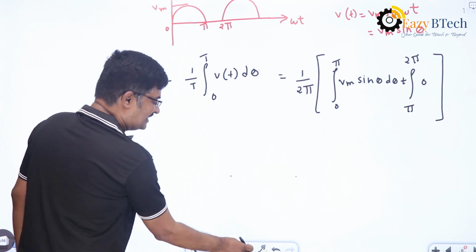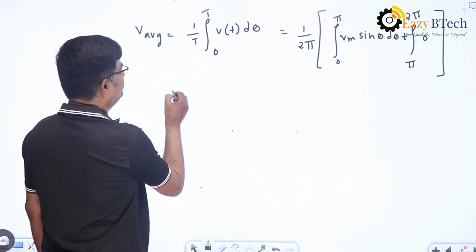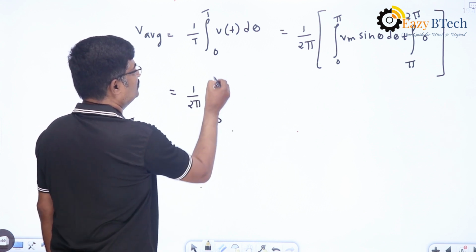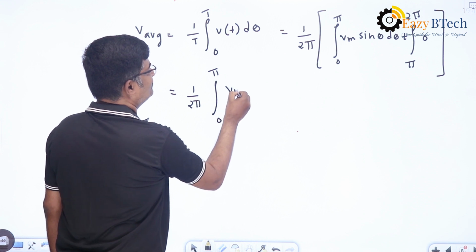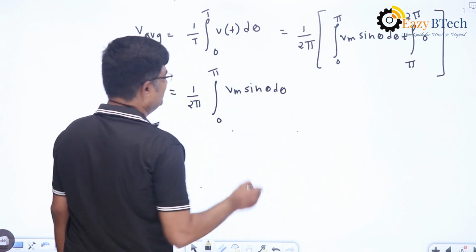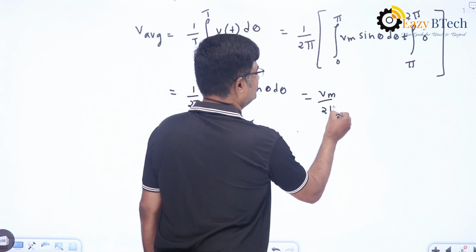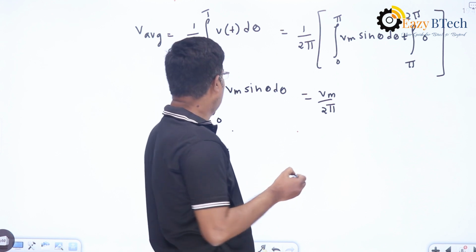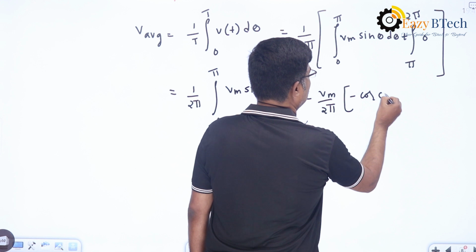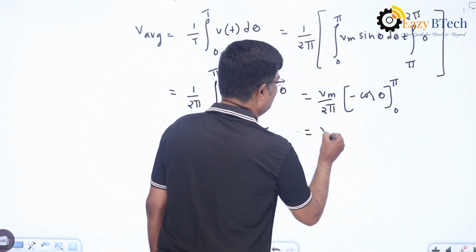So here, what am I remaining with? I have remaining 1 by 2 pi integral 0 to pi Vm into sine theta into d theta, which I will be writing as Vm by 2 pi. Integration is nothing but minus cos theta, limits 0 to pi. So here what will happen?